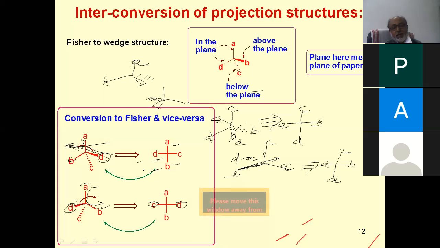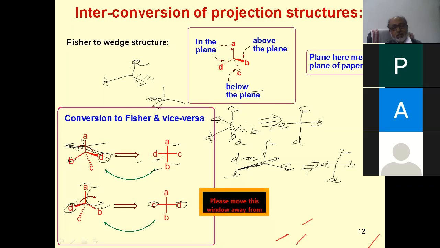Sir, I have a question. When we convert Fischer to wedge, how do we know that one group is above the plane? Let me convert it.